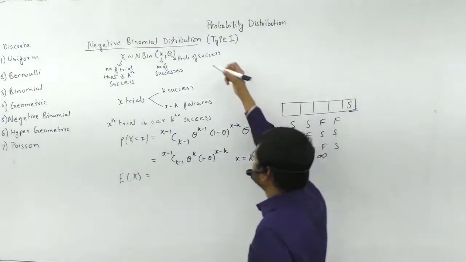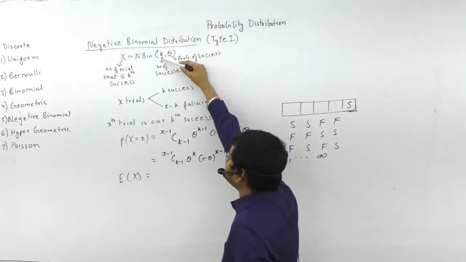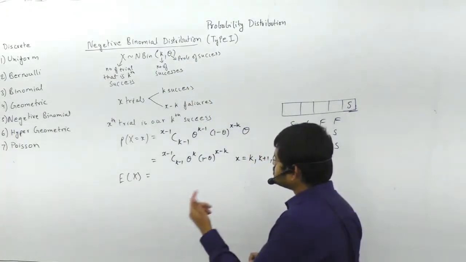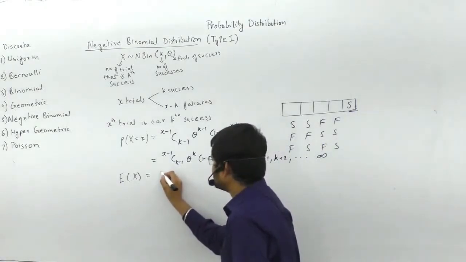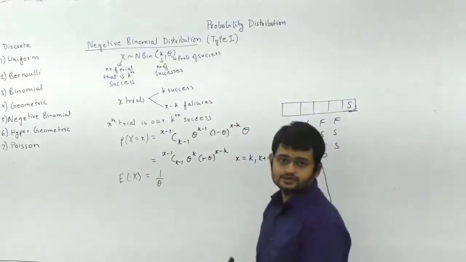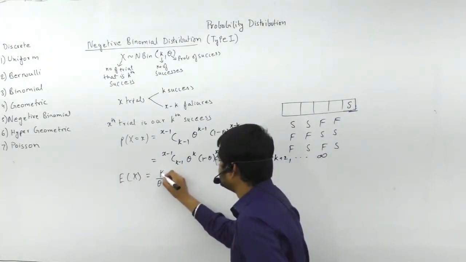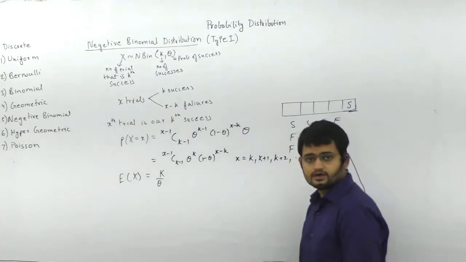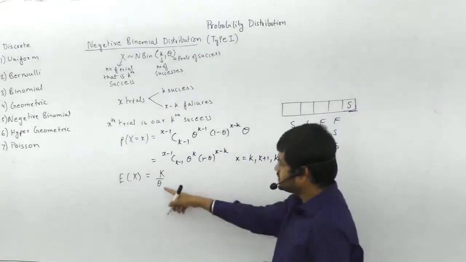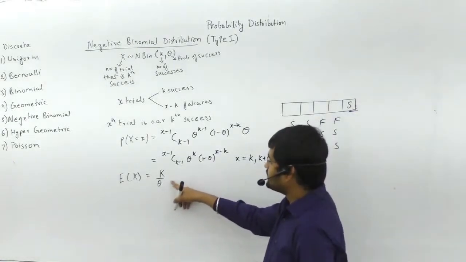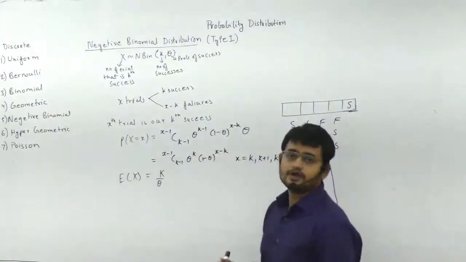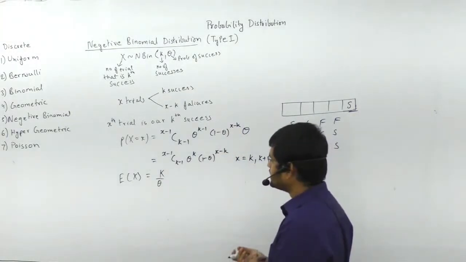First of all, we know that negative binomial is the same as k geometric distributions. If a geometric distribution has expected value 1 by theta, then k geometric distributions will have expected value k by theta. Each geometric distribution has expected value 1 by theta, and if we add all of them, we get k by theta as the expected value of negative binomial distribution type 1.